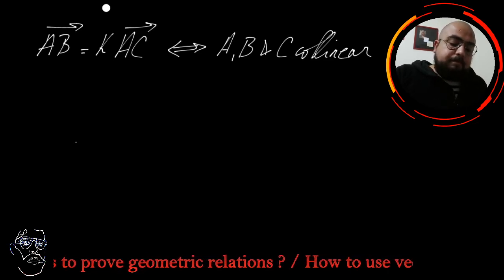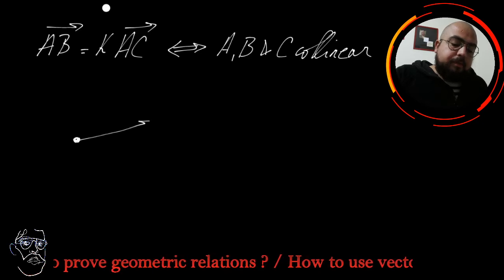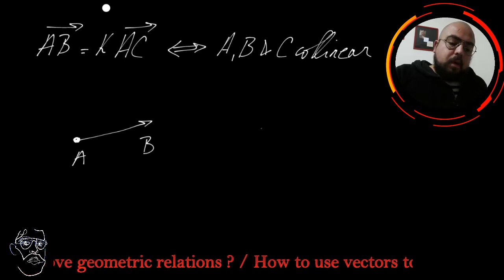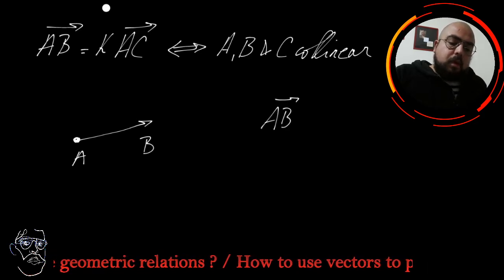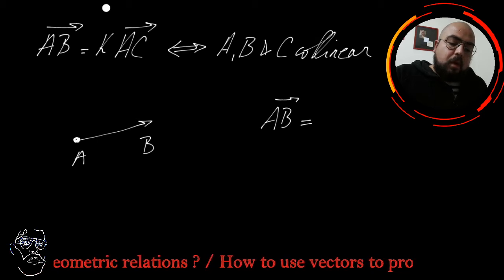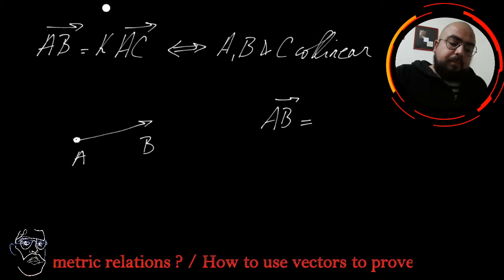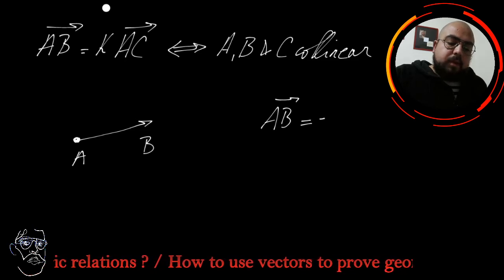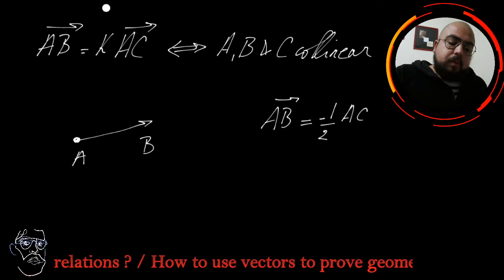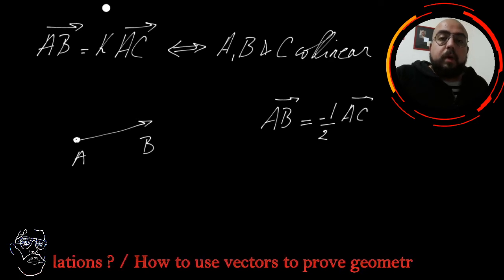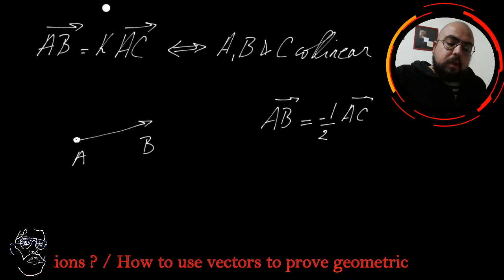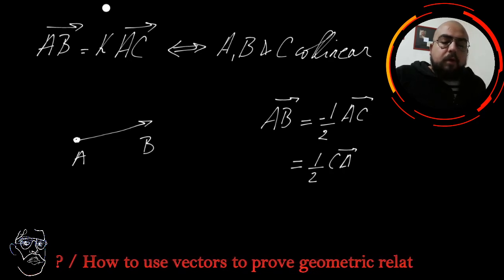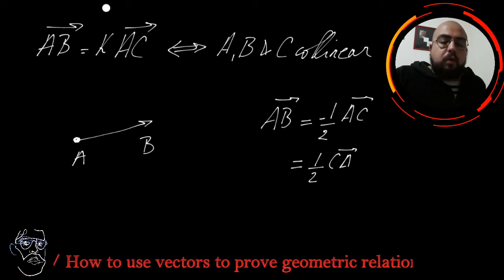So in this case, this is AB, let's say, and we have AB is equal to half of AC, or minus 1 over 2 AC. All right, let's say AB is equal to minus 1 over 2 AC. So it's equal to 1 over 2 CA. Instead of choosing AC, we can write CA.